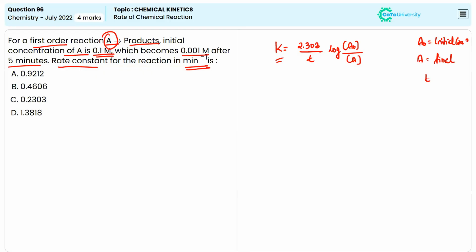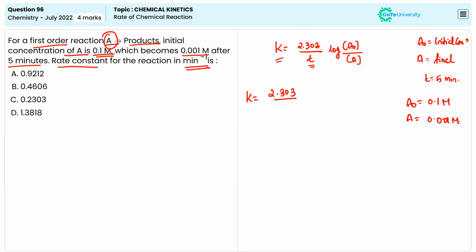The concentration is reducing from 0.1 molar to 0.001 molar, and the time required for this reduction is 5 minutes. So A0 is 0.1 and after 5 minutes it is 0.001. Now we can write the expression for K, that is 2.303 by t.